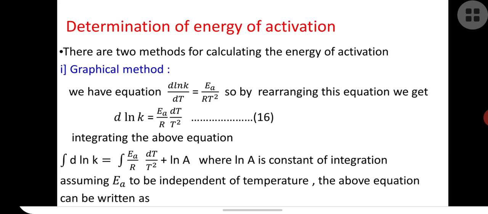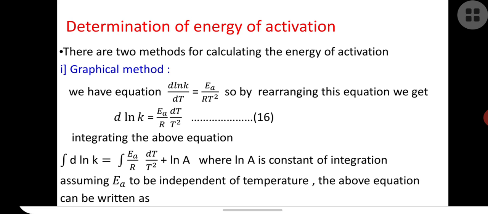By rearranging this equation, we get d ln k is equal to EA upon R into dT upon T square. Integrating this equation, we get integration of d ln k is equal to integration of EA upon R into dT upon T square plus ln A, where ln A is the constant of integration.